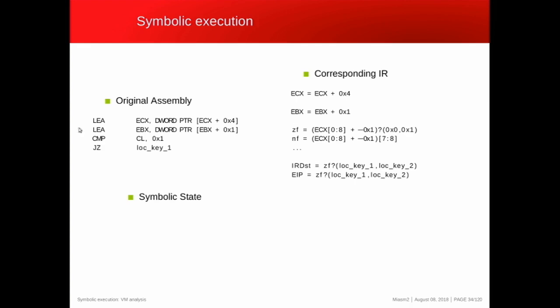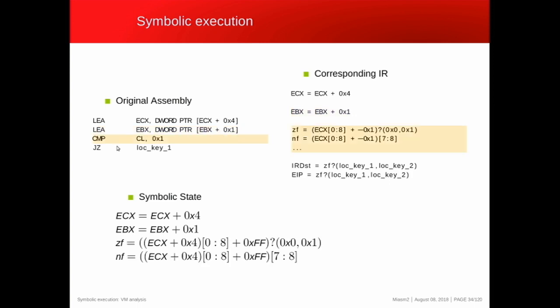So if you have this native code and you try to do a symbolic execution, here is the result of the first line. You have ECX, which is the result, shown like this: ECX plus 4. If you do the second line, you have this, EBX equals EBX plus 1. And if you do the comparison between CL and 1, here are the flags given by the symbolic execution.